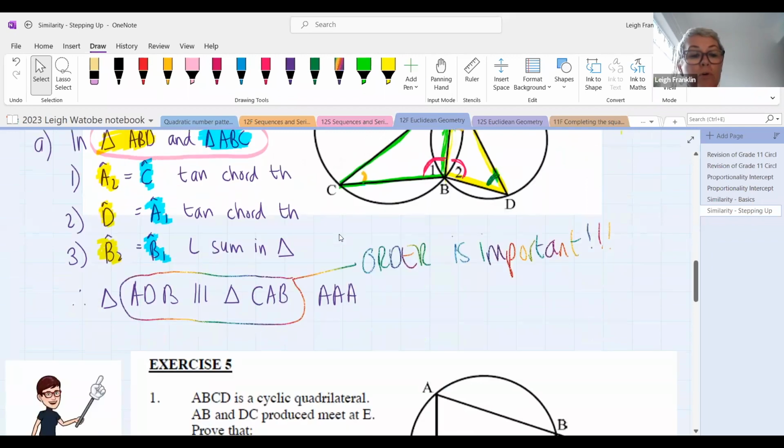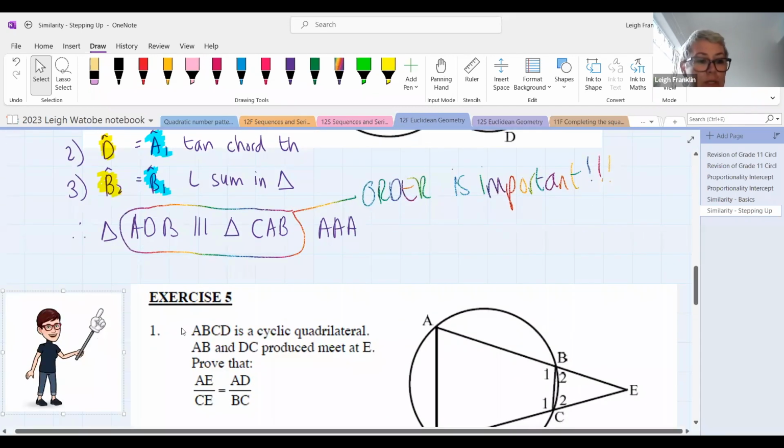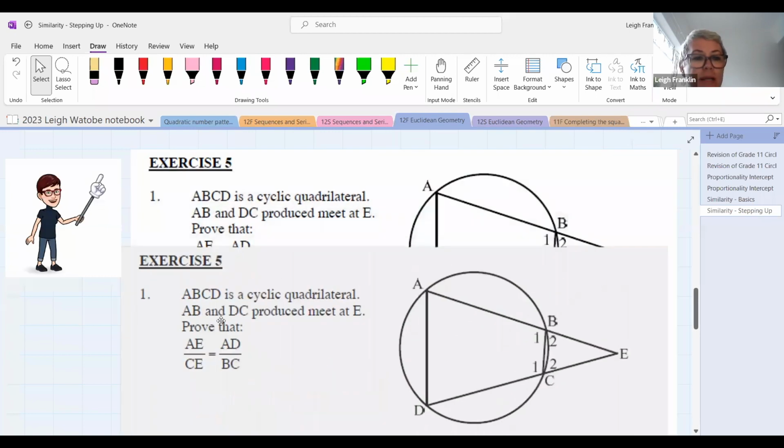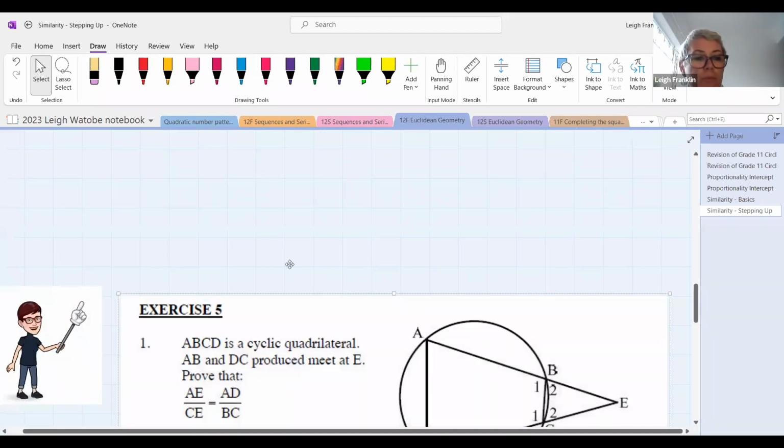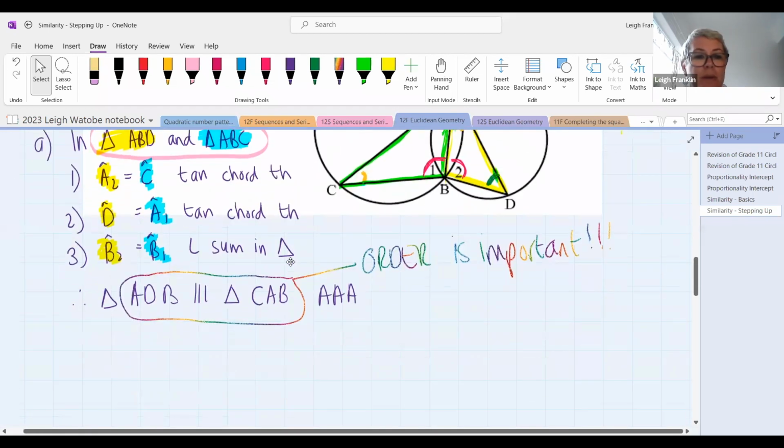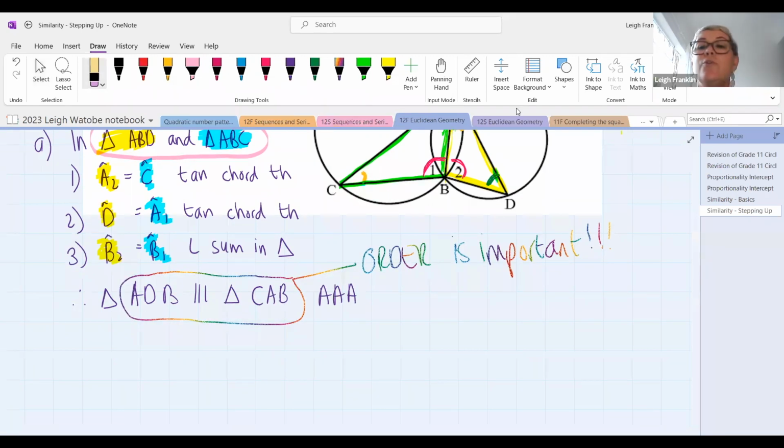Now Omogolo did a great job last time of telling me which sides to write in proportion. I'm just going to move these down. I would like somebody else to have a chance, because Omogolo, you are brilliant. I want somebody else to tell me what to write when it comes to the corresponding sides in proportion, just like Omogolo did earlier.